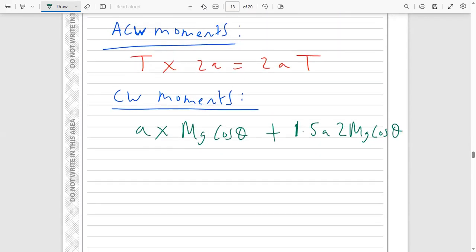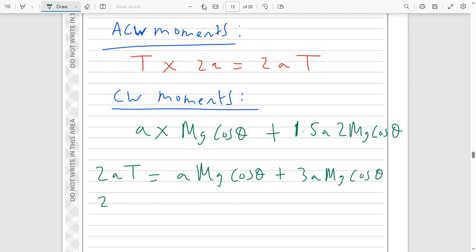So we're going to get 2aT is equal to amg cos theta, and then plus 1.5 times a times 2, well, double 1.5 is 3, so that's going to be 3amg cos theta.